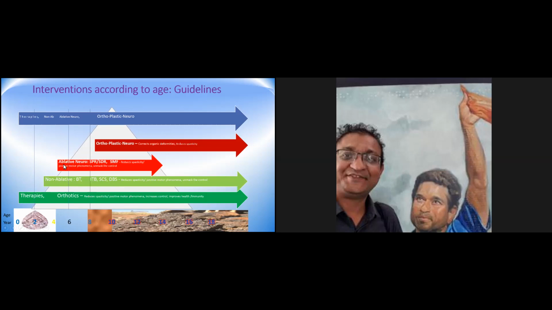Once good therapy has taken place, then we have ablative neurosurgical procedures like SMF, which are not performed throughout the growth period. And when maximum growth has taken place, by 8 or 10 years, orthopedic plastic procedures plus or minus neuro procedures keep playing the role to correct the fixed deformities and organic shortening. So the scenario of all these things plays a role in these children.